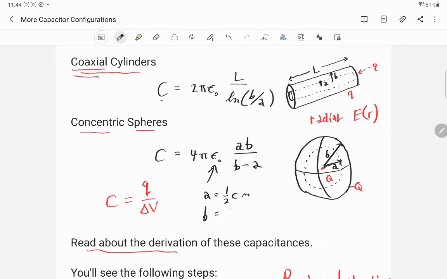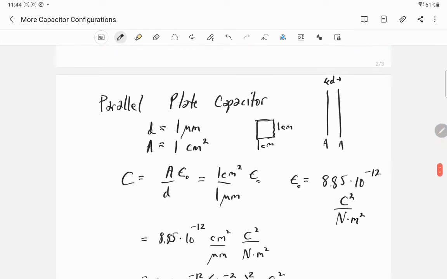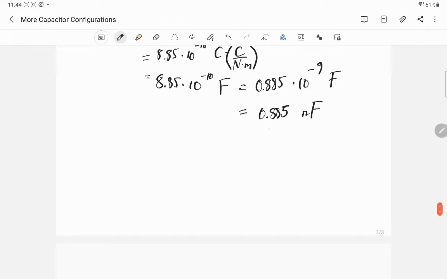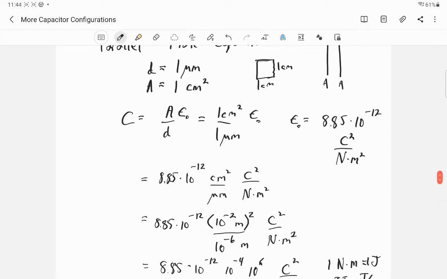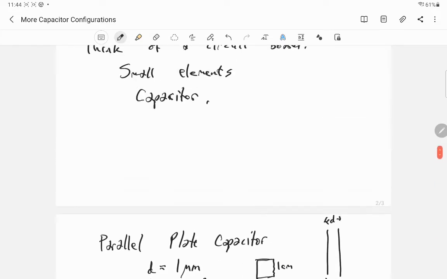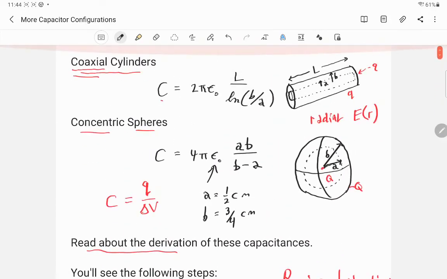Let's make it a little bit bigger, 3/4 of a centimeter. And you can imagine going through the process of getting the capacitance, and it's going to honestly be of a similar scale to this. It won't be the same value, of course. But you can see how this goes. The reason why the capacitances are going to be small is because epsilon naught is small, and it's just going to show up in all these capacitance calculations.